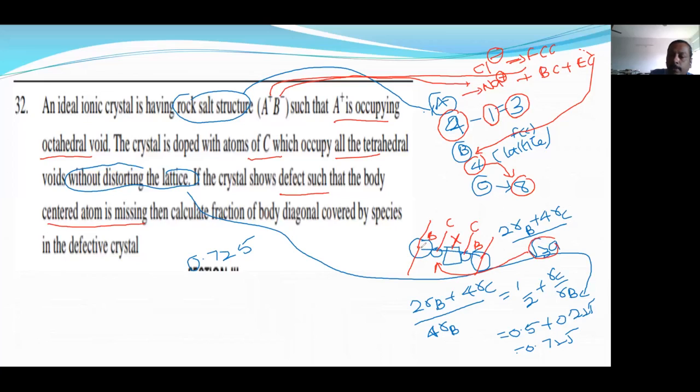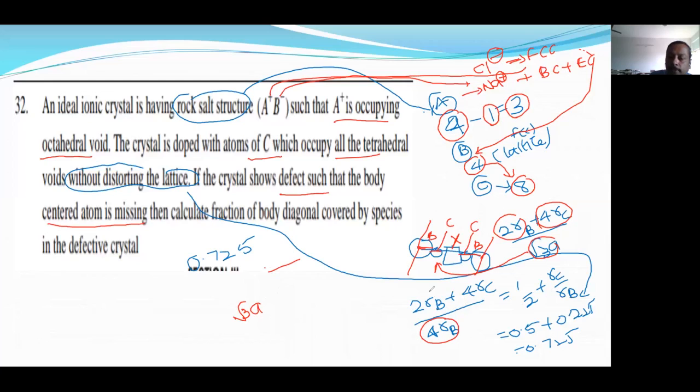But occupied by C here: one radius of B, one radius of B, 2 RB. Radius of C, how many? 4 RC. So substituting here, root 3 a is the body diagonal, but what is the edge length? We can consider the edge length in terms of B also. If we consider it in terms of B, it will be 4 RB.